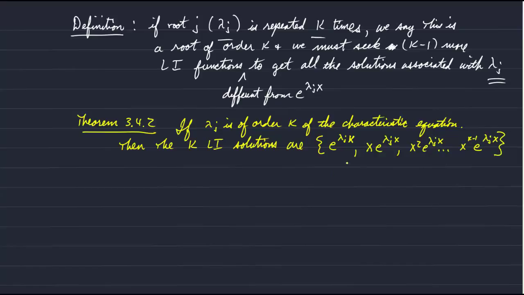So if the root is not repeated, then we just have this solution. But if it's repeated k times, then we multiply by x raised to the various powers to get the remaining k minus 1 solutions.